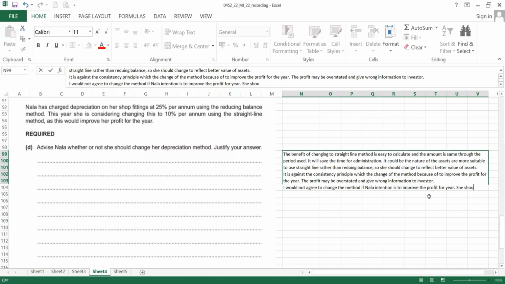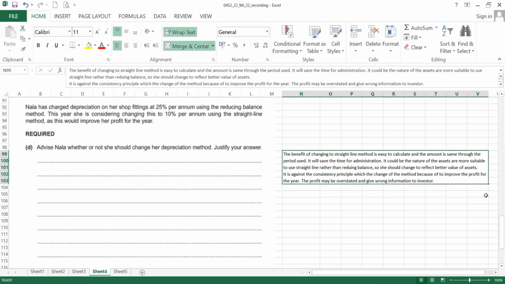She should check whether the asset should use reducing balance or straight line method, depending on its nature of use.